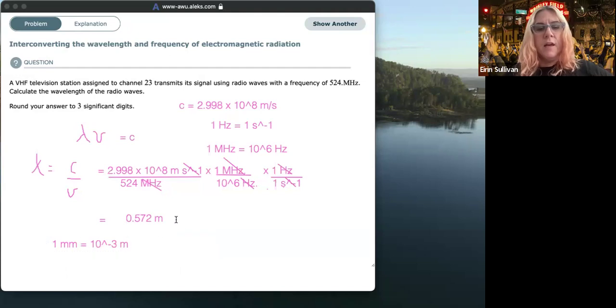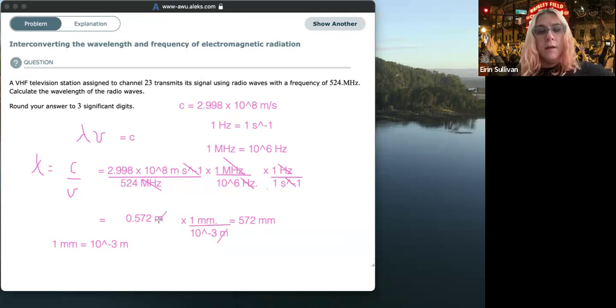That's my equivalency, so I could take that and convert it into a unit conversion factor. 10 to the -3 meters would go on the bottom, and 1 millimeter would go on the top, and that would give me 572 millimeters.